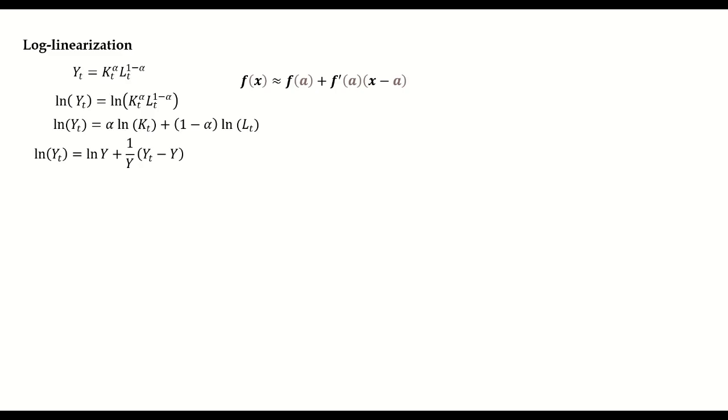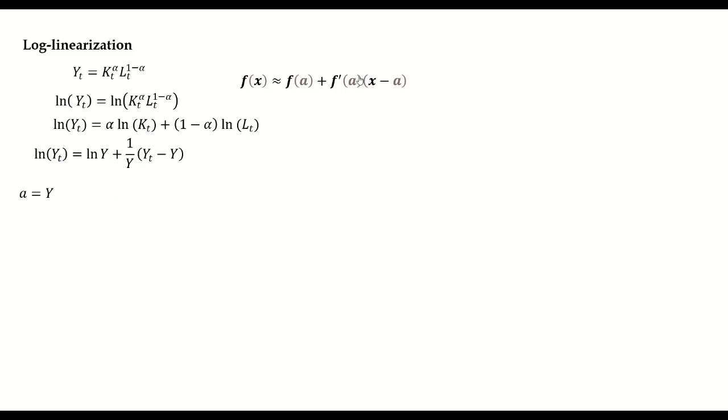Let's say in that case it is just y itself. So a would be equal to y in our case. Let's evaluate this function at this value. So we have log of y of t, and at a equal to y, we will have log of y evaluated at the steady state.